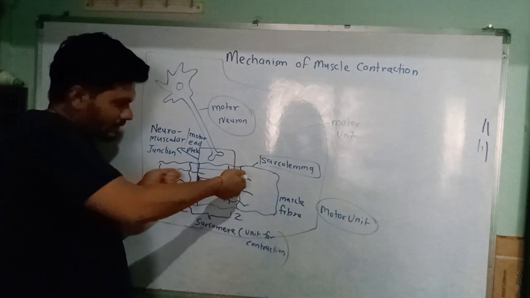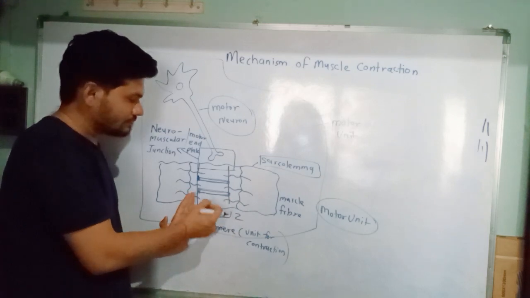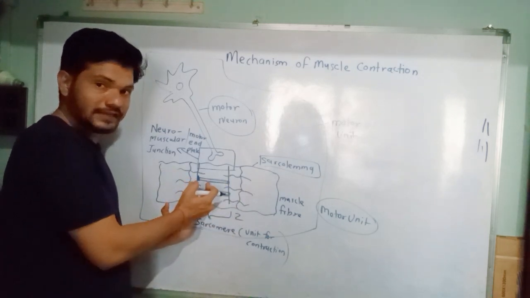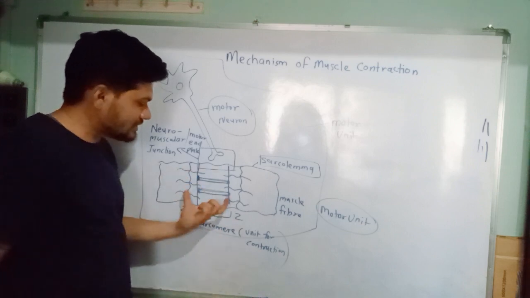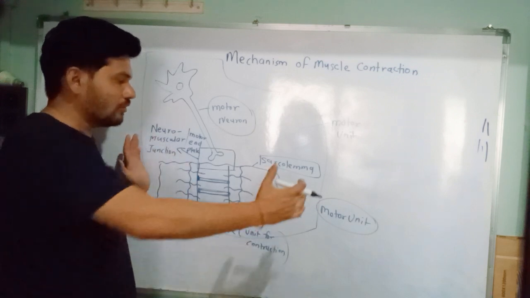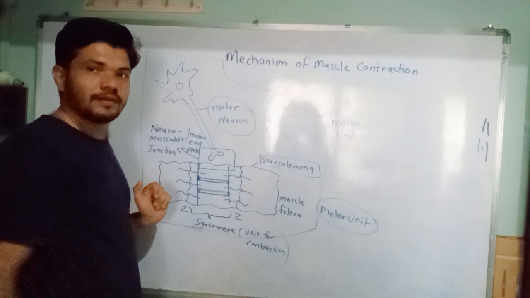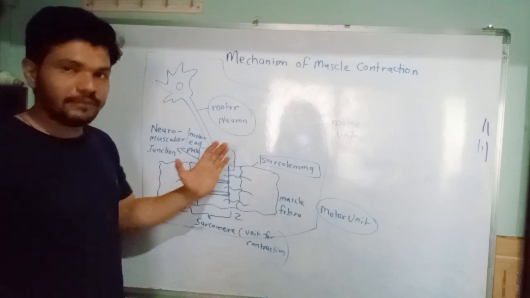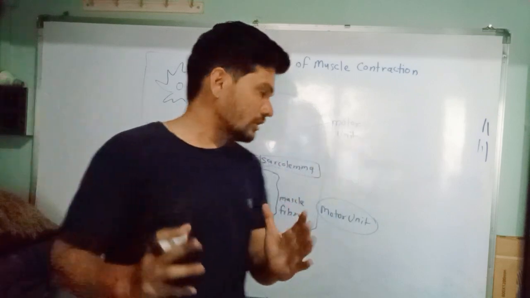Whenever thin filaments slide, they pull the Z line inwards towards the A band, which results in contraction of the sarcomere and ultimately contraction of muscle cells, because these filaments are attached to the muscle cells. So ultimately the muscle cell will contract, and the whole muscle will contract.